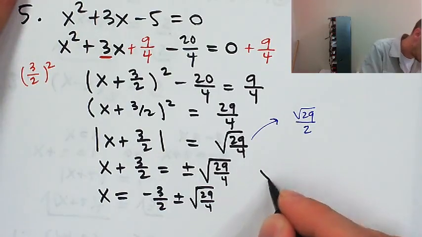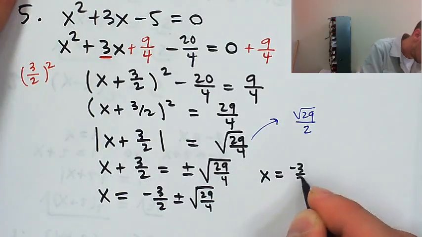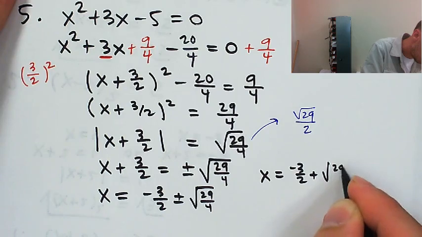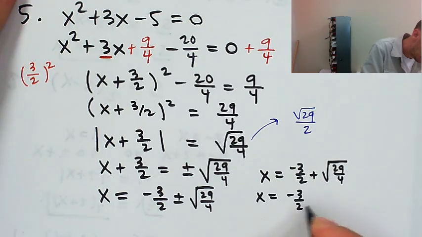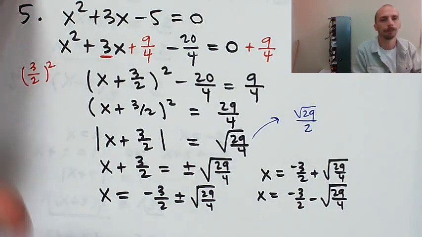And so if you wanted to write that, you could say x equals negative 3/2 plus the square root of 29 over 4, and x equals negative 3/2 minus the square root of 29 divided by 4. All right, so good, completing the square.